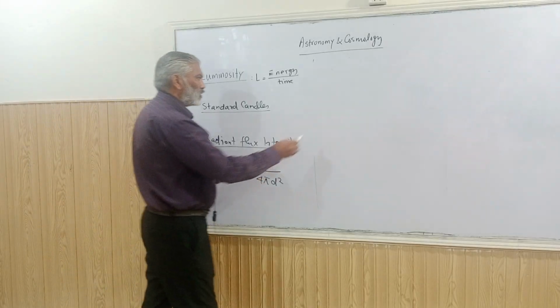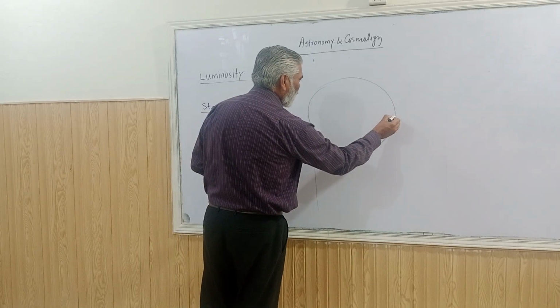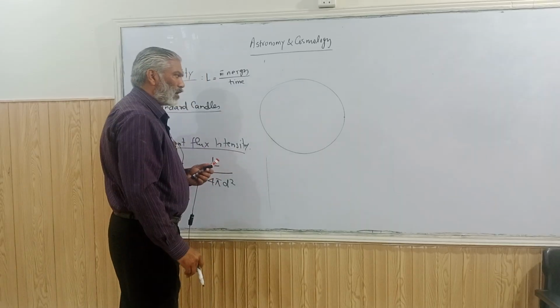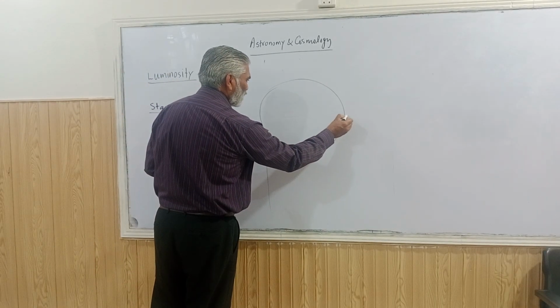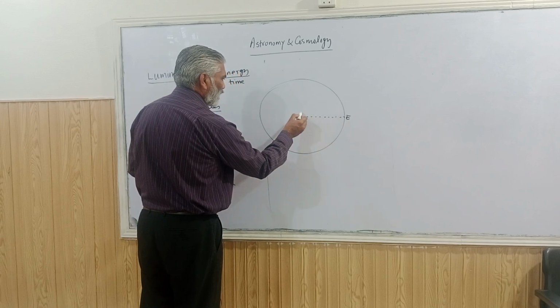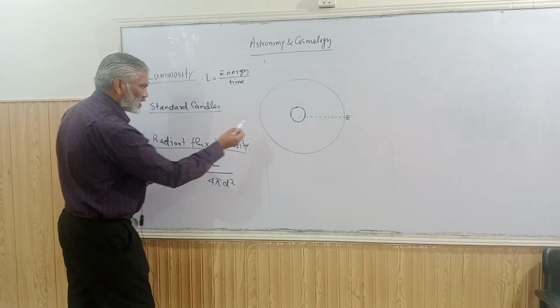This means you are here on this spherical surface. This is a three-dimensional surface, and you are here. This is the earth, and this is the distance of earth from the center of this star of known luminosity. So let's say this is the sun.